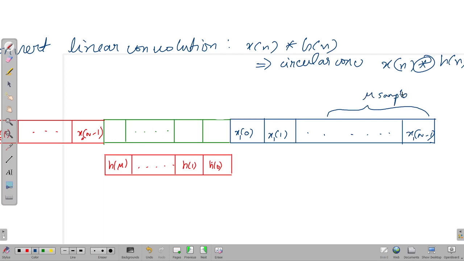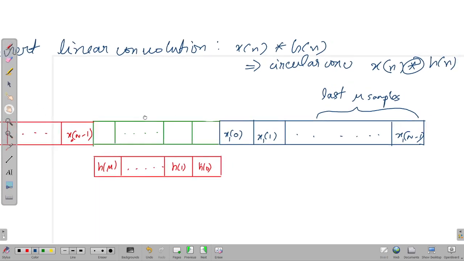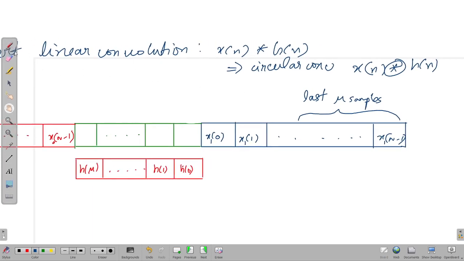I place mu samples from the tail, the last mu samples. So which are the last mu samples? I have x1 of n minus 1 here, and I will place from mu number of samples, and the sample here would be x of n minus mu.